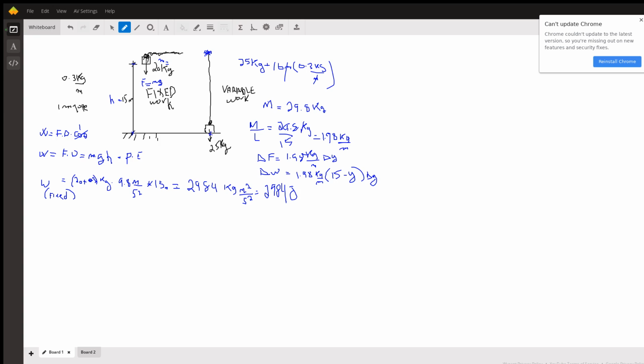And 15 squared over 2 is 225 over 2, which is 112.5. So if you solve this, you get 1.98 kilogram per meter times 225 minus 112.5, which is 112.5.